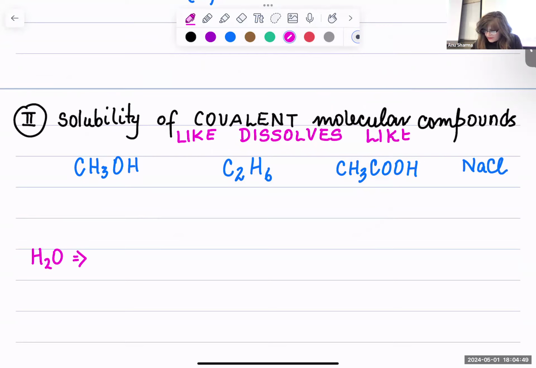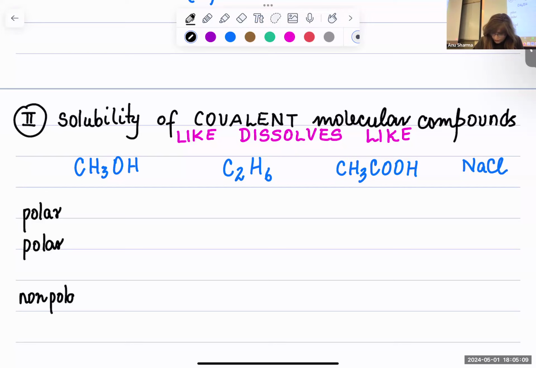What does that mean? This means that polar and polar are going to mix. So polar and polar mix, and non-polar and non-polar mix. So those entities that are polar will dissolve in water.